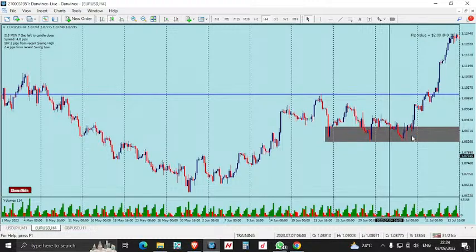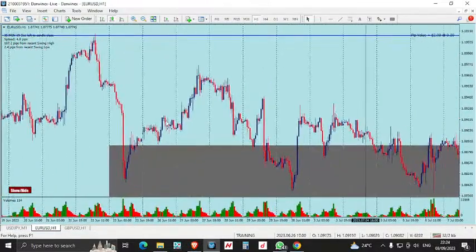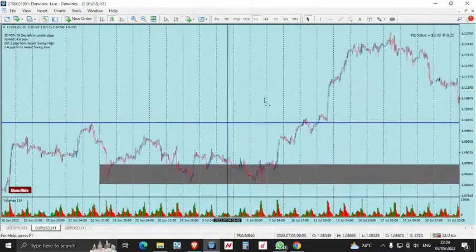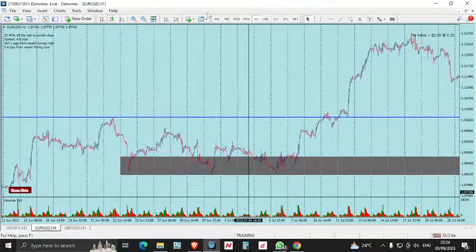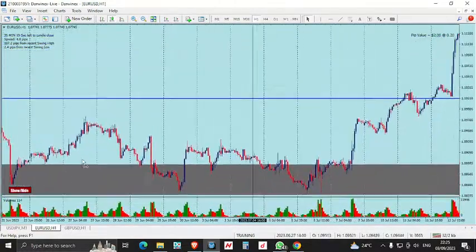Demand means support. Let me go to 1 hour. These are the areas on 1 hour. Let me zoom in.